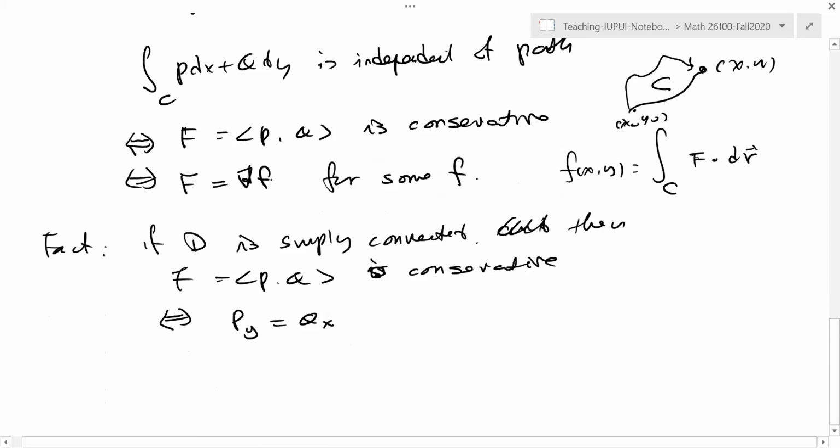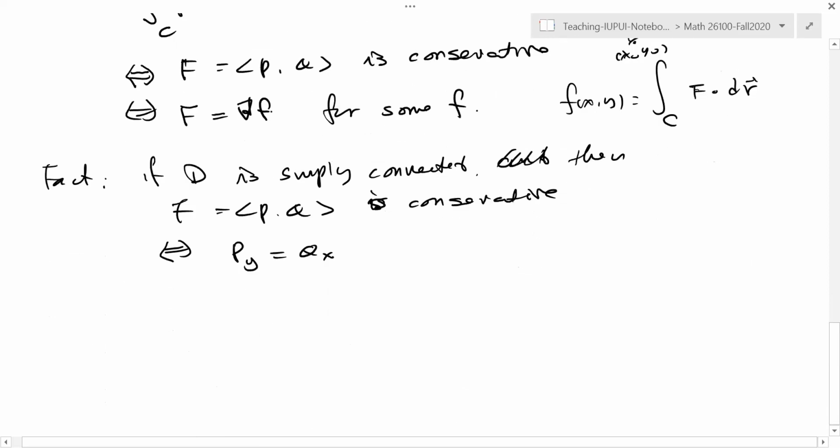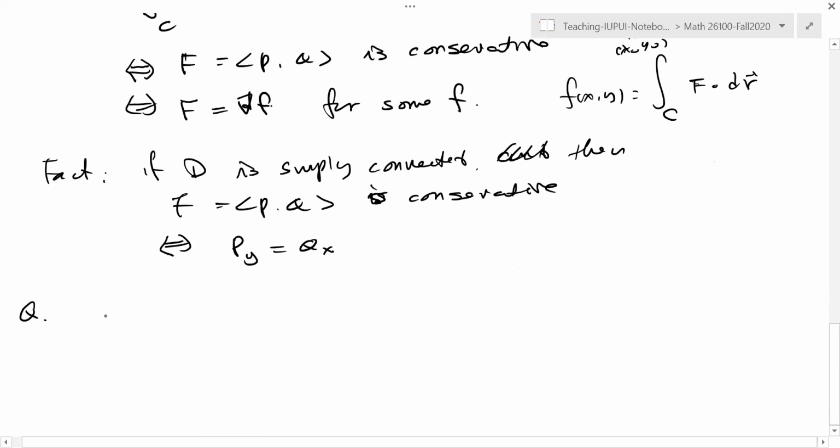All right, now let's take a look at some examples. Here's the first example.